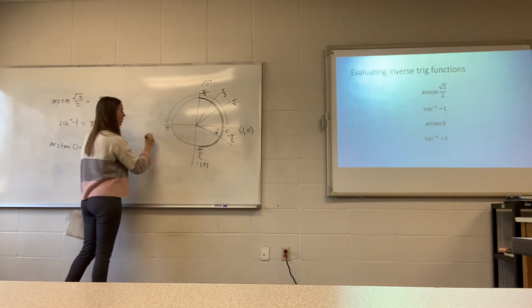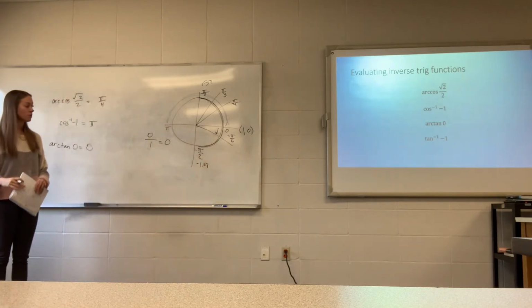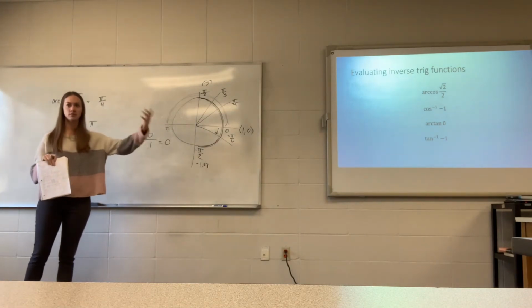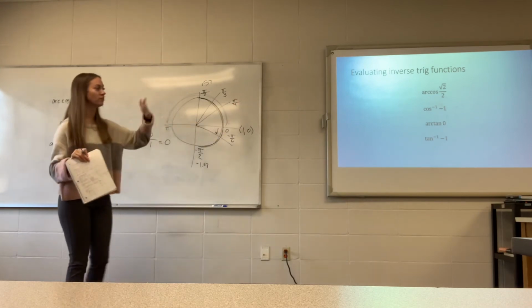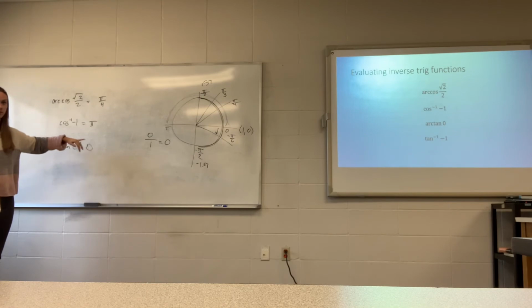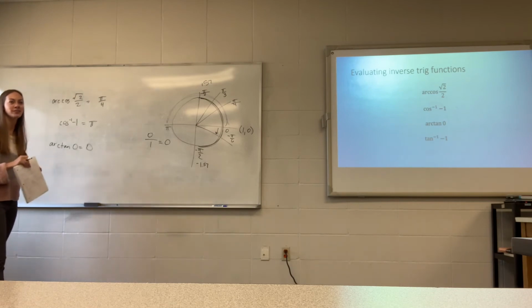Because my sine's 0, my cosine's 1. 0 over 1 is just 0. So my tangent value at 0 is 0. So my arctangent, or my inverse tangent of 0 is the angle 0. Are we okay? Ready? Good? Okay.